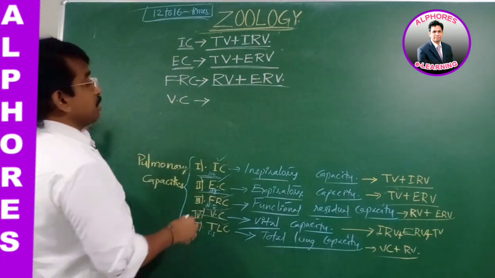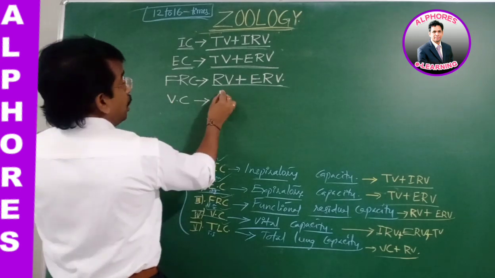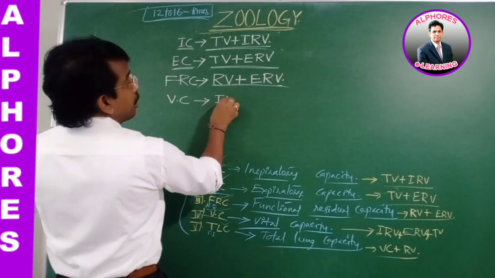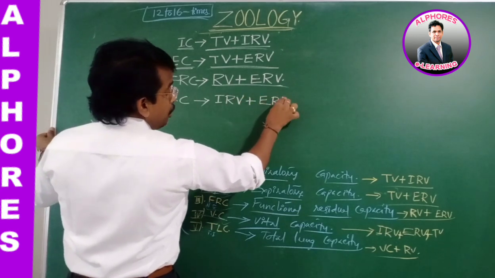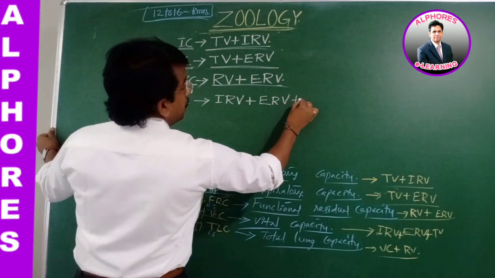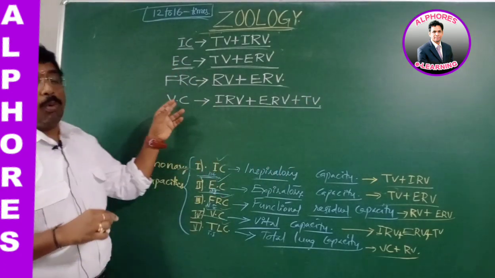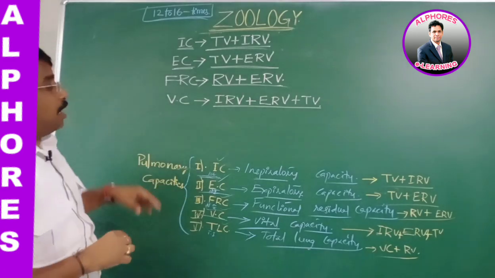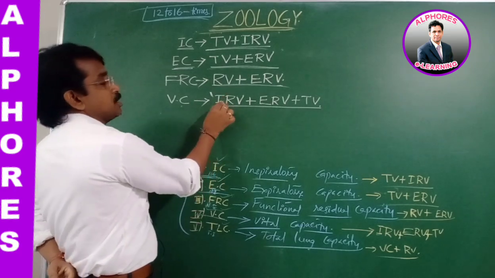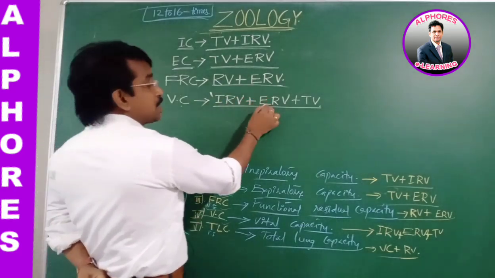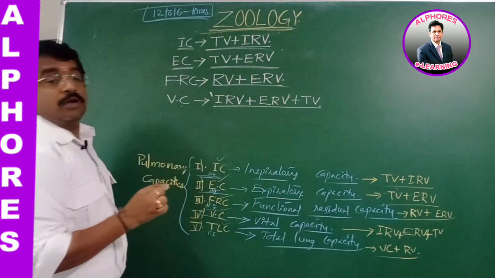The equation is IRV, inspiratory reserve volume, plus expiratory reserve volume plus the tidal volume. I repeat, vital capacity is equal to inspiratory reserve volume IRV, expiratory reserve volume ERV, and tidal volume TV.